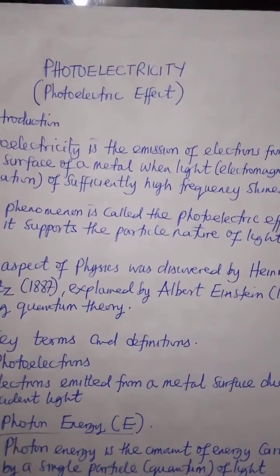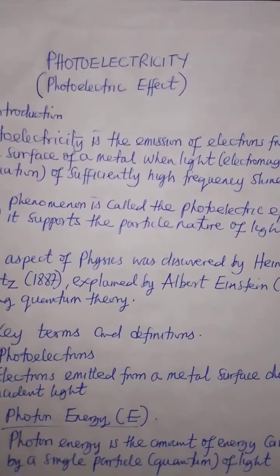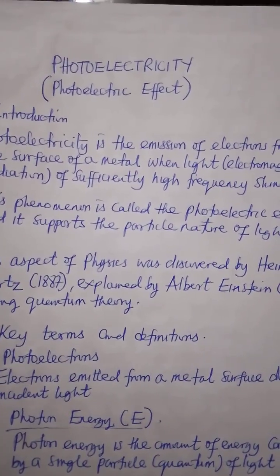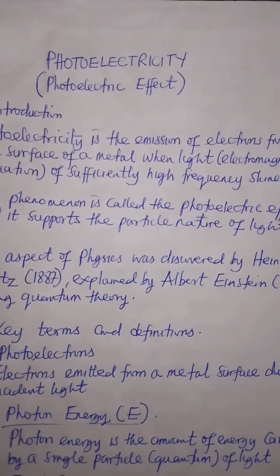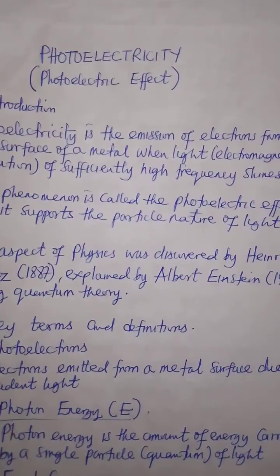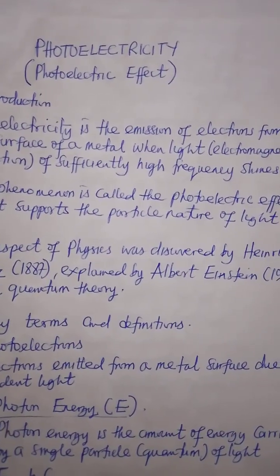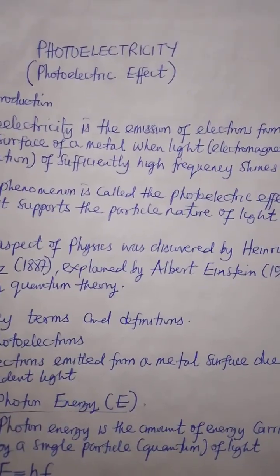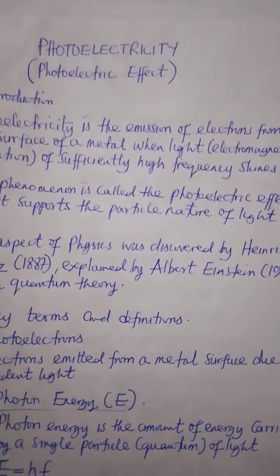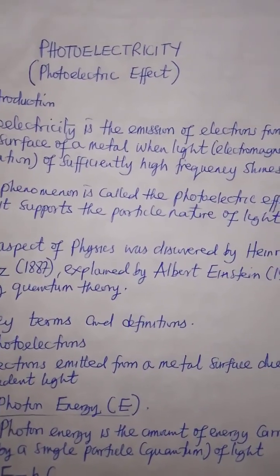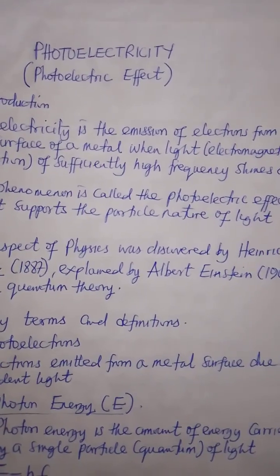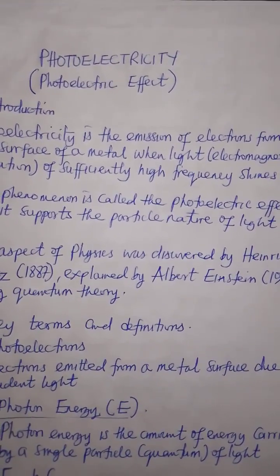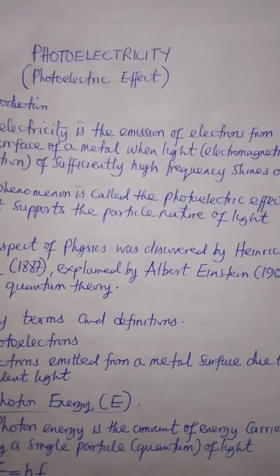Now, for electrons to be emitted, the frequency of the incident radiation, that is the frequency of the light shining on the surface of the metal, must be greater than a certain frequency called the threshold frequency.